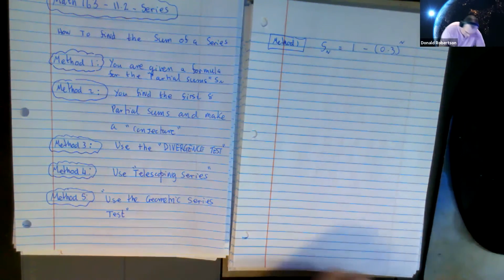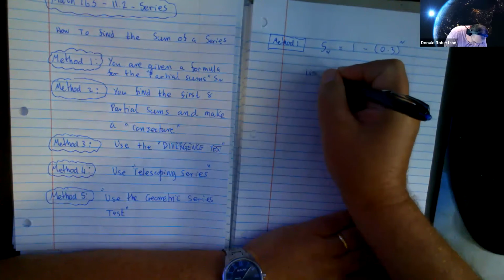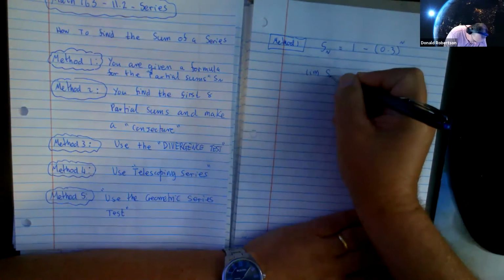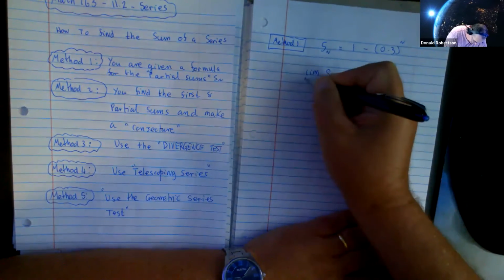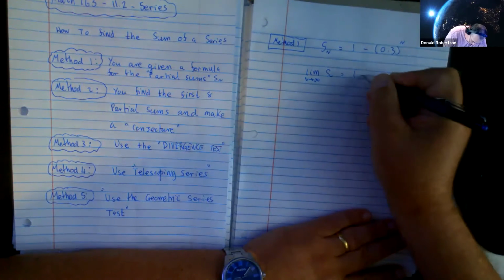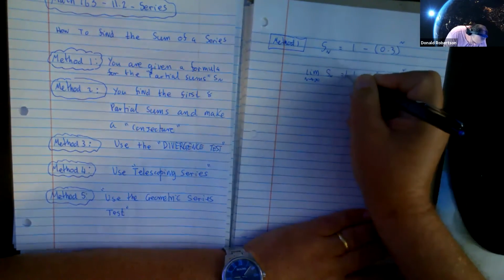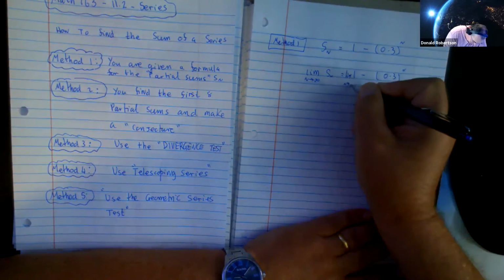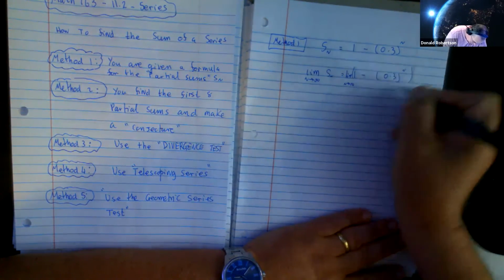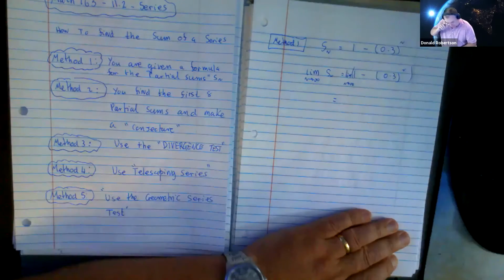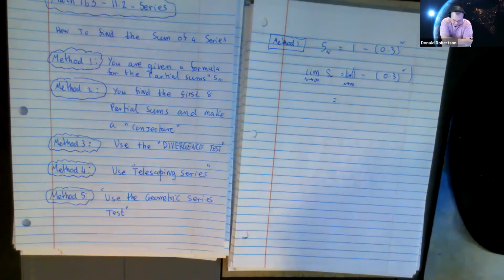So I will find the limit of the partial sums as n tends to infinity. So I'm going to be finding the limit as n tends to infinity of this. We've done limits of sequences before.